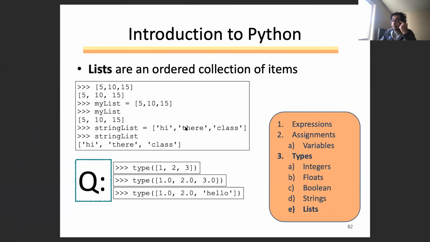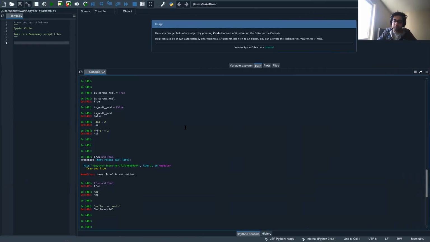And finally, list. Lists are an ordered collection of items. You have sets. Sets are usually unordered, and we'll not go into sets, but lists are something which maintain order, where order is important. So for example, we can write an ordered list of years.